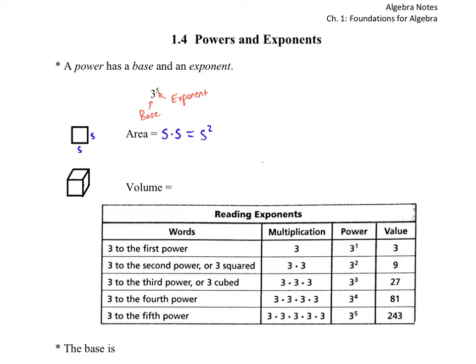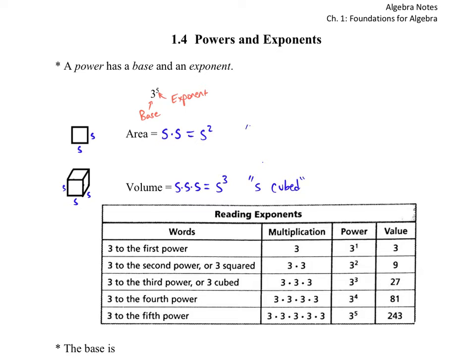When we're talking about cubing something, here I have a cube, a three-dimensional object. We're going to say the sides are all length s on that. And when we have that, the volume is going to be the length times width times height. So I'd have s times s times s. If you're multiplying s by itself 3 times, that's going to be s to the third, or you could say s cubed.